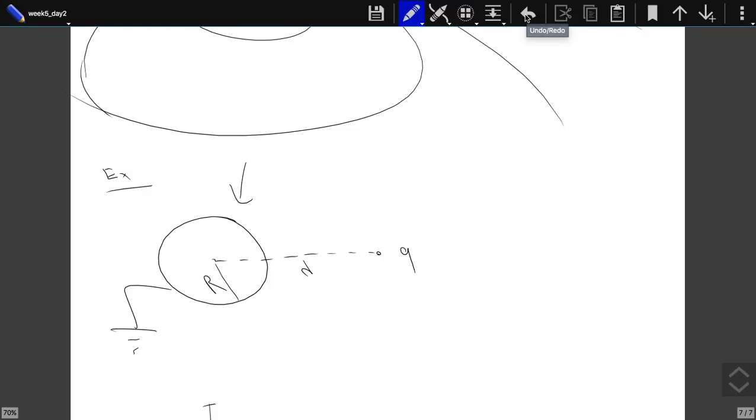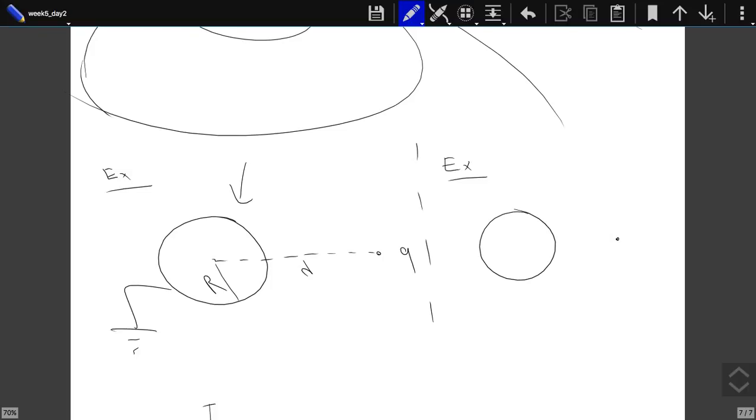Well, it doesn't have to be grounded. This is one example. The second example, well, this one, ungrounded. If it is not grounded, then we know that the potential need not be zero on the surface, but the total charge should be zero.